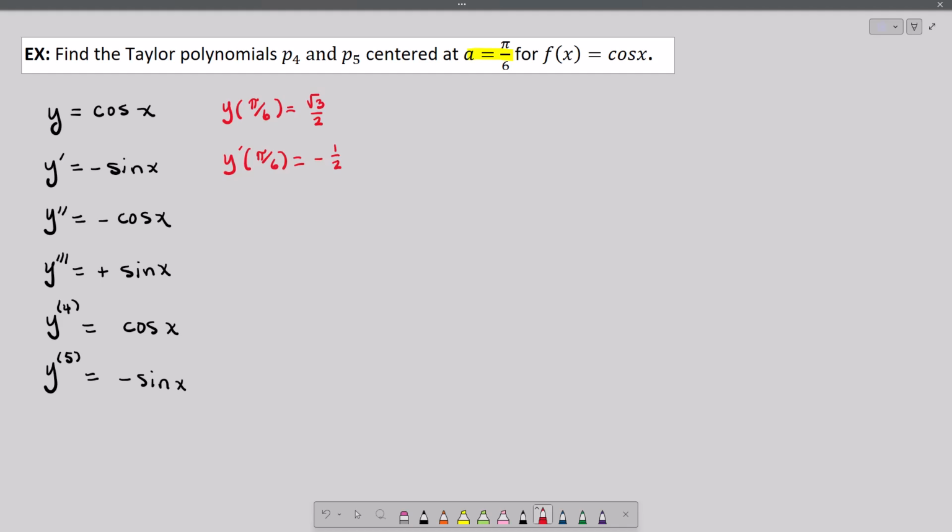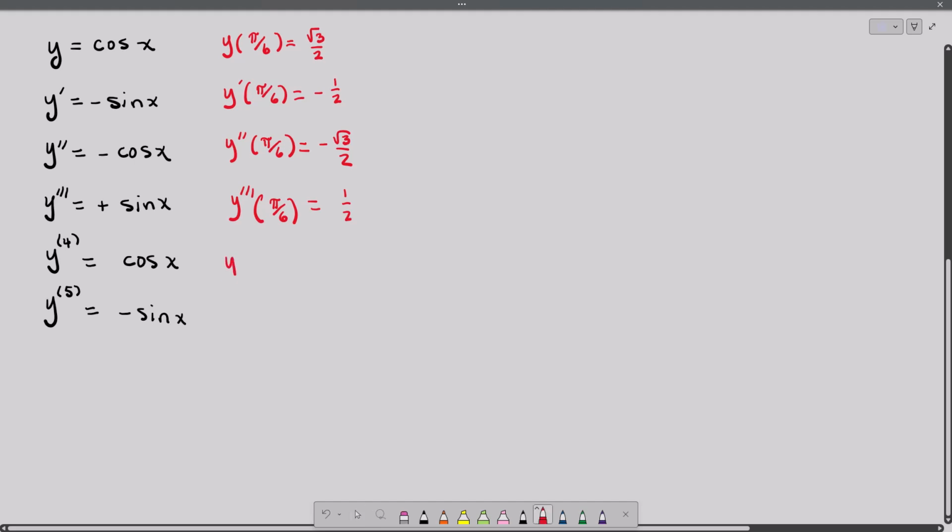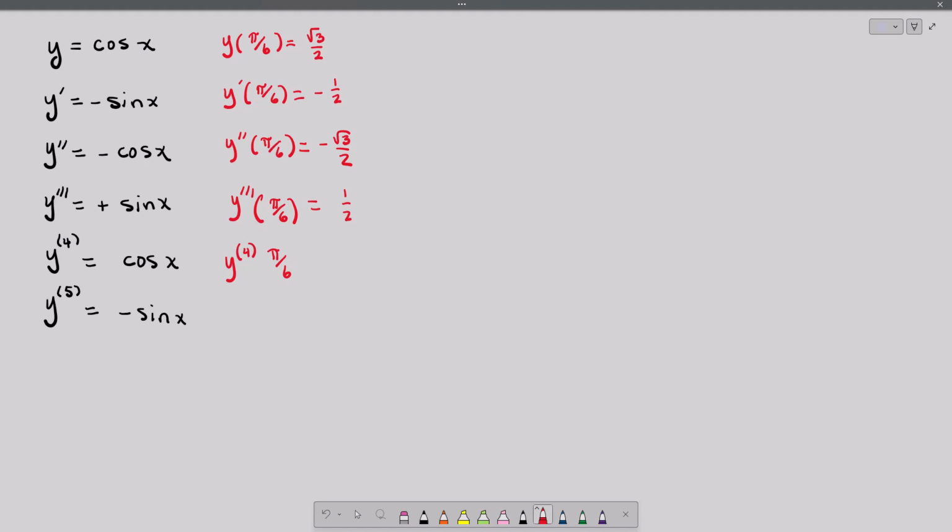And then it just starts repeating. Y double prime of pi over 6. All right, cosine of pi over 6 again, that's root 3 over 2, so we'll end up with a negative root 3 over 2, etc. Once we have all of these values, then we can go ahead and build our polynomial.